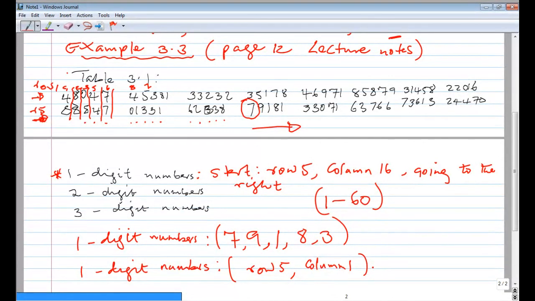But anyway, you'll see this one when we come to 2-digit numbers. We are just directed by this. For a 3-digit number, obviously, you are going to start from 1 up to something like 600, because this one is a 3-digit number. So you're going to be guided by that.